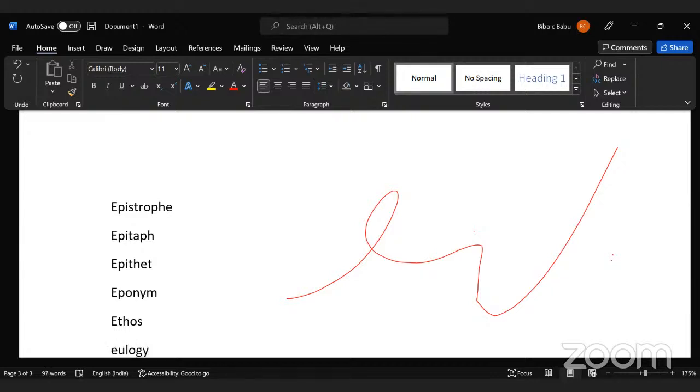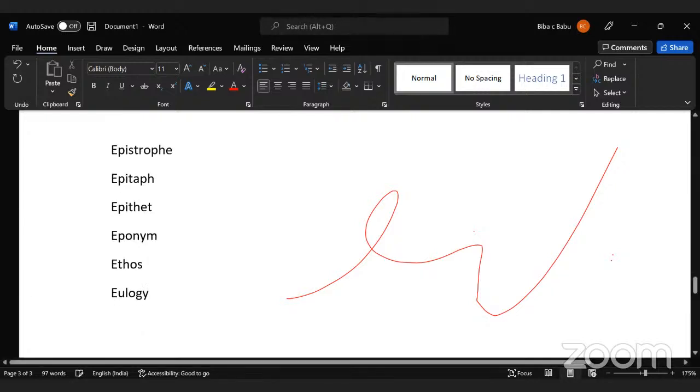Eulogy is a word of praise, usually said when someone has died or is deceased. It can be either living or deceased, but usually eulogy is said on a death occasion. When you want to praise someone, you say something, and that is called eulogy. Eulogy is a word of praise for someone. Next is euphemism.